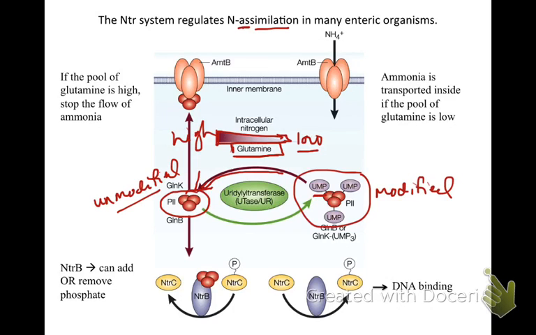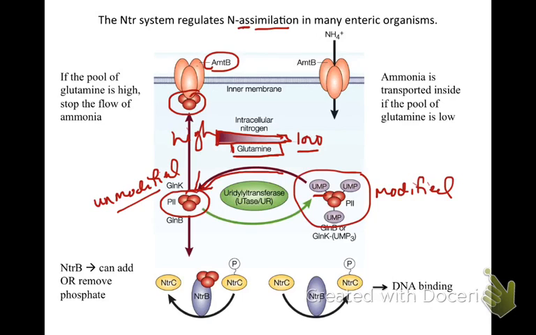So now that we've established that, let's look at what P2 does. If it's in the unmodified state, that's the way that the cell knows that glutamine levels are high, and P2 will bind to this trimer, protein trimer of AmtB, which is a transporter in the membrane, and it prevents the transport of ammonia.